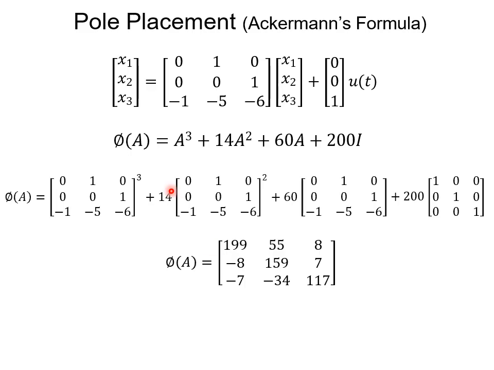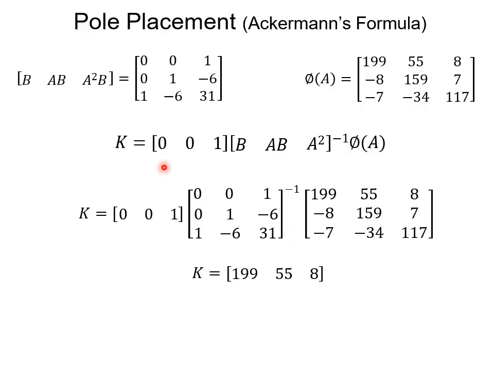We then obtain phi of A, which is A cubed plus 14 A squared plus 60 A plus 200 I. We obtain phi of A equals 199, 55, 8, negative 8, 159, 7, negative 7, negative 34, 170.